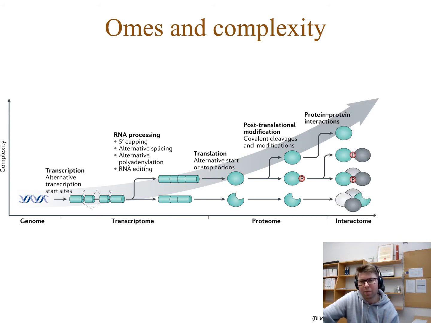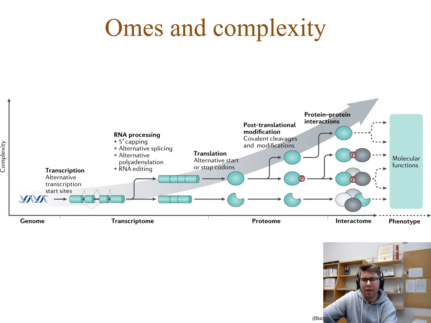And the proteome can also be organized in higher dimension structures, like proteins can engage in interactions, and these can be dependent on individual or combinations of PTMs. And it's this functional organization of the proteome that gives rise to molecular functions and phenotypes at the end of the day.